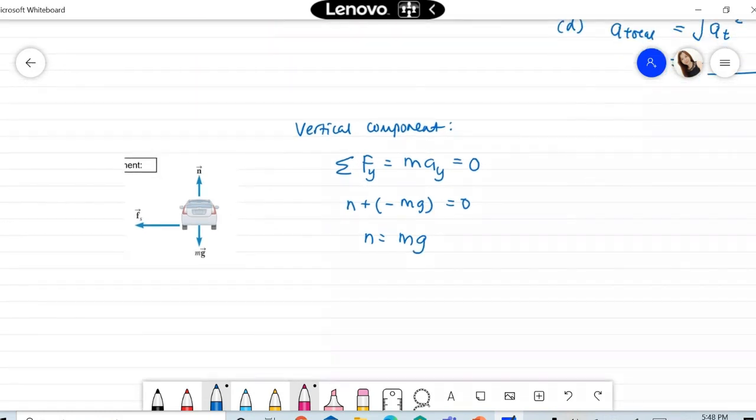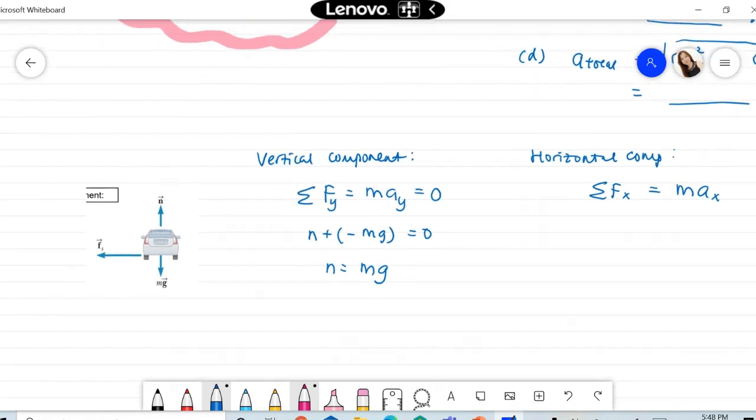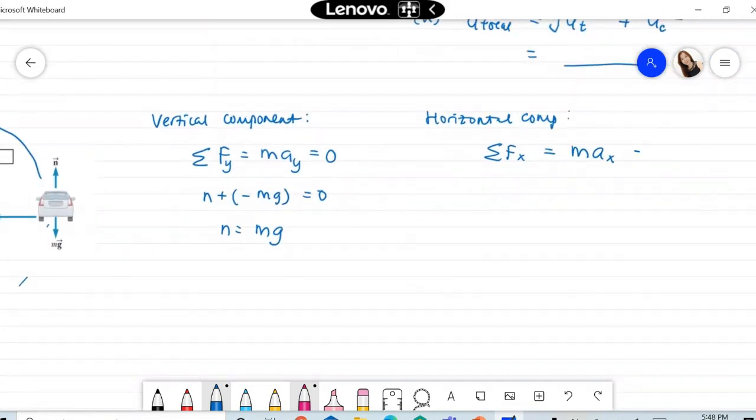However, for the horizontal component, or x component, the summation of Fx equals max, right? So ax, if the car is moving in this direction. So ax is actually the centripetal acceleration because the car is moving in a circle, right? And ax is referred to as ac.